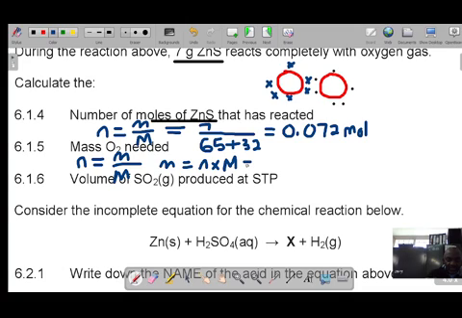It's going to be 0.108 multiplied by 32, the molar mass for oxygen. So what's our answer then? Times 32, it gives me 3.46 grams.